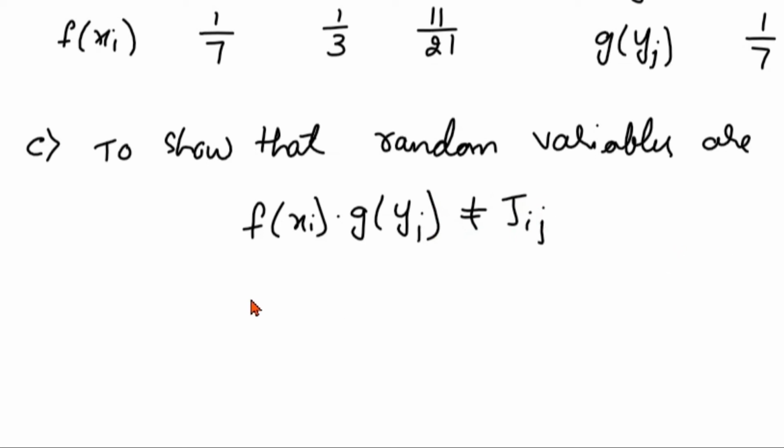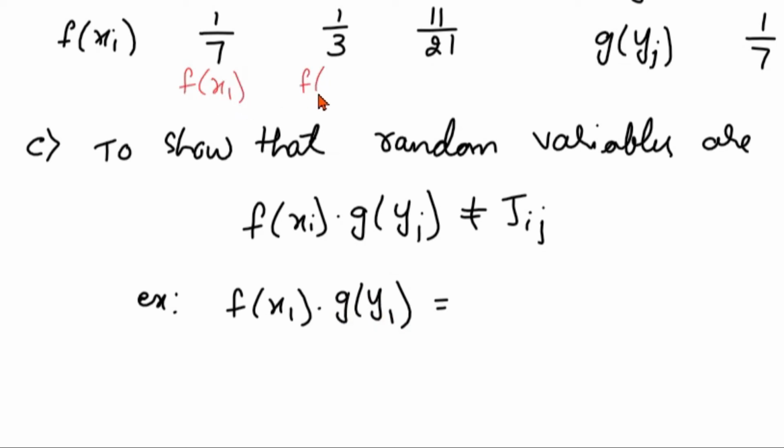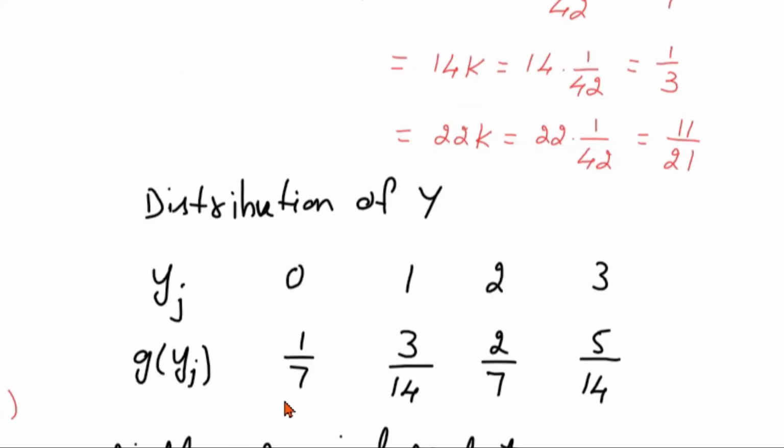If you check the first result, for example, let me take i and j to be 1 and 1. So I take f of x1 into g of y1. The values here represent f of x1, f of x2, f of x3, and here g of y1, g of y2, g of y3 and g of y4.